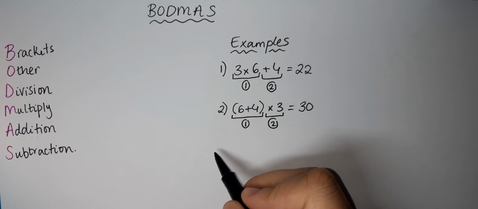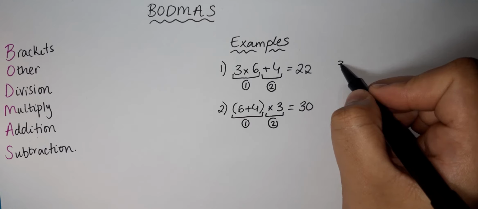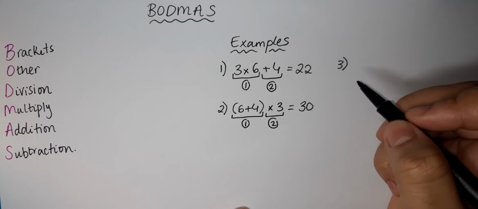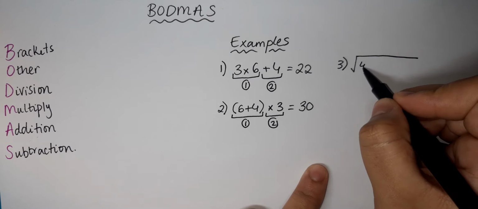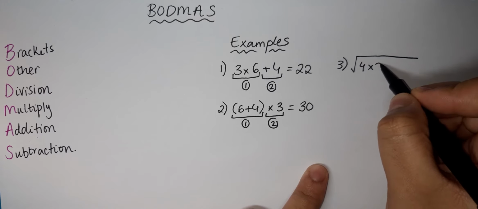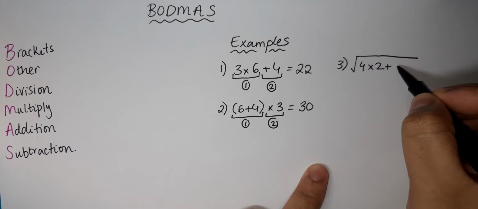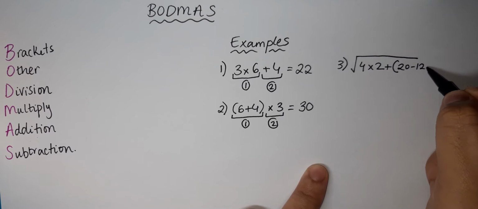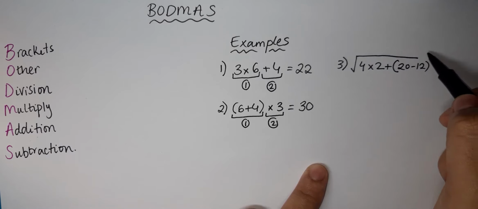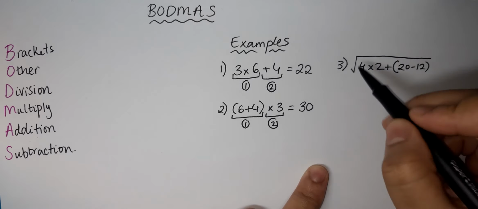Now let's go on to a little bit of a complex question, slightly complex. And this question is the square root of 4 times 2 plus, in brackets, 20 take away 12. Now, let's think about this first.